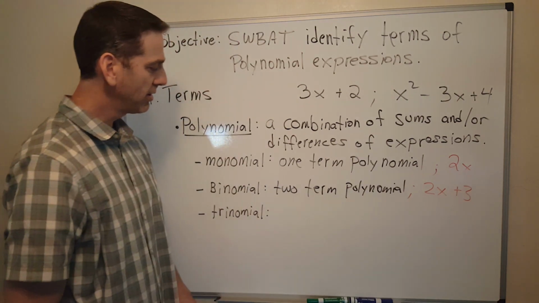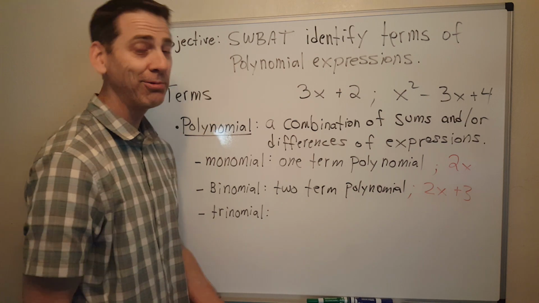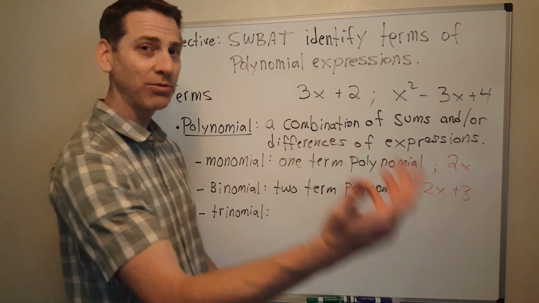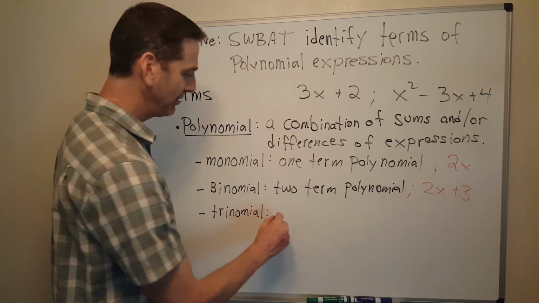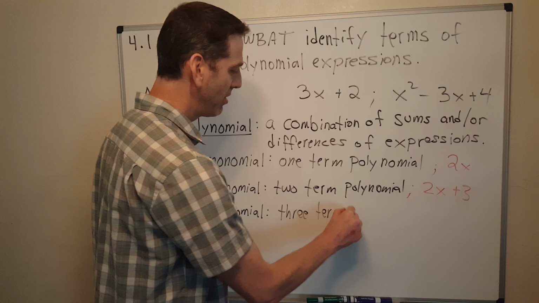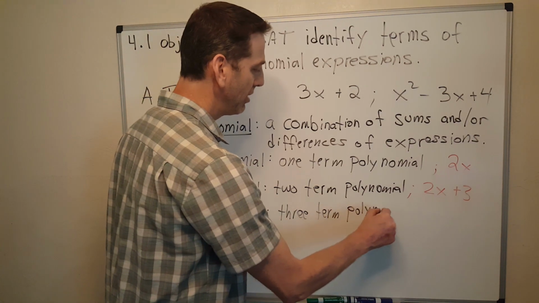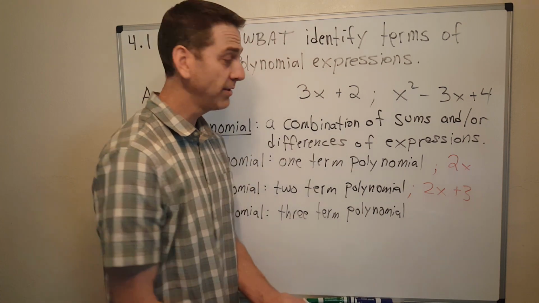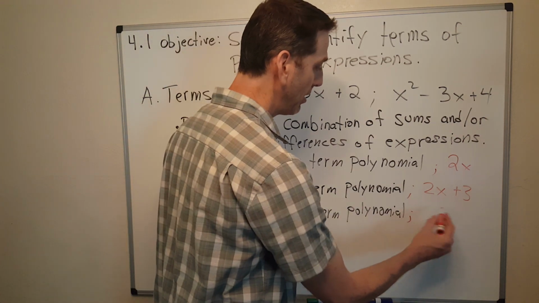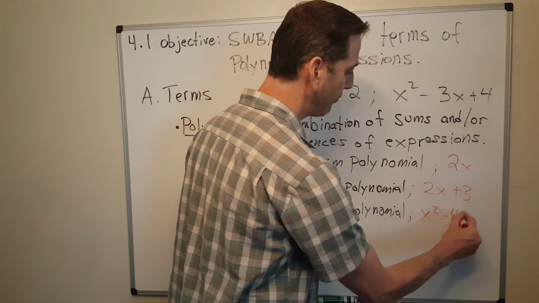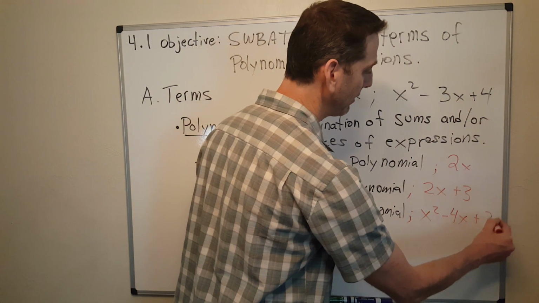A third type of polynomial that we like to identify is a trinomial. Obviously, tricycle means three. So this is a three-term polynomial. An example of this might be x squared minus 4x plus 8.